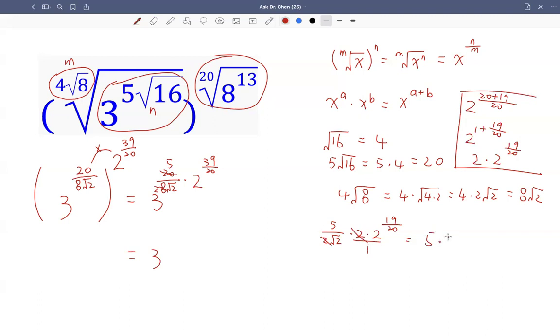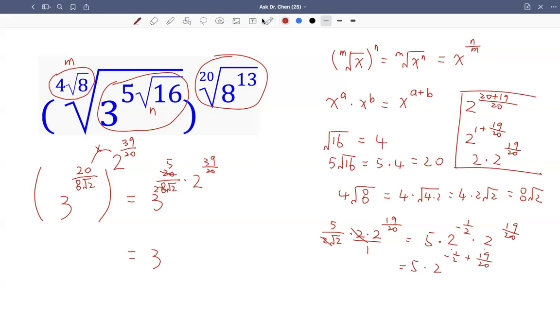The square root of 2 is 2 raised by half. But in the denominator, so we can write as 2 raised by negative half. Then multiply by 2 raised by 19 over 20. Same base, we add the exponent.